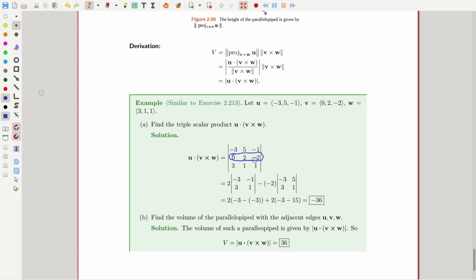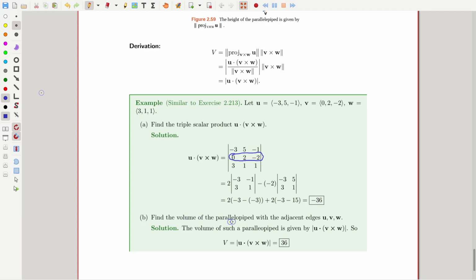And with the negative 2, we eliminate row and column, so we get minus 3, 5, 3, and 1, which is right there. Computing this, main diagonal minus anti-diagonal, and same there. Then you just compute the arithmetic, and you get minus 36.